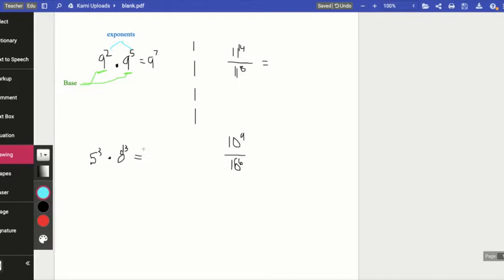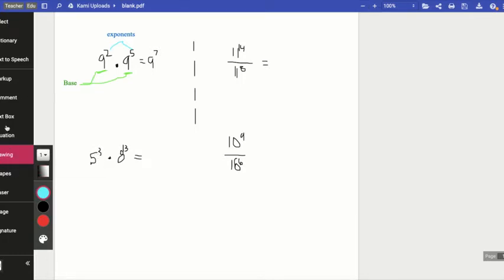Okay, I want to make a note that down here, if we added the exponents 3 plus 13, we can't really do that. And I want you to think to yourself, why can't I add my exponents on this one? The reason why we can't add our exponents is because our bases are not the same.